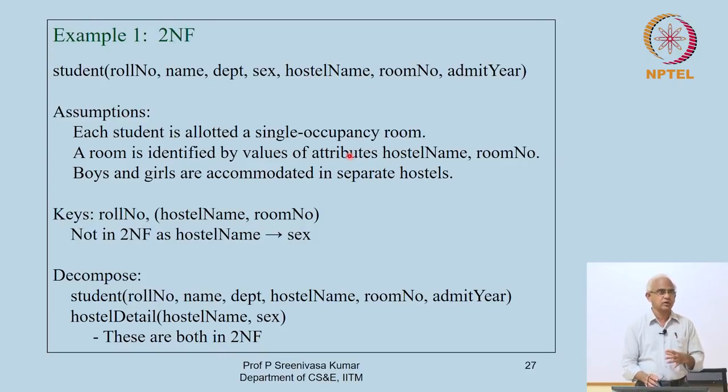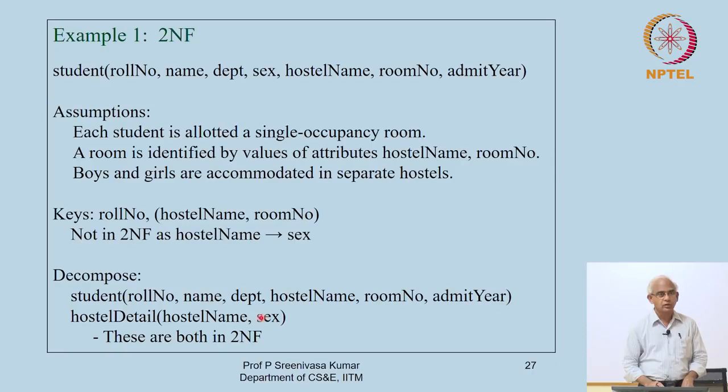We decompose that relation and then bring in two relations into the picture, two or more in fact. So, in this case, since this attribute sex is causing trouble for us, we will isolate that. We will bring in a new relation called hostel detail, where we put this hostel name, sex.